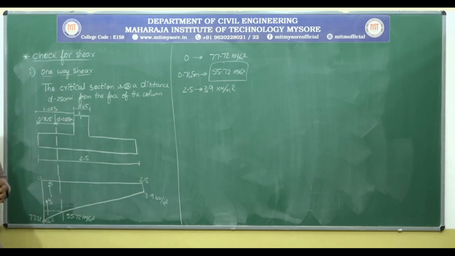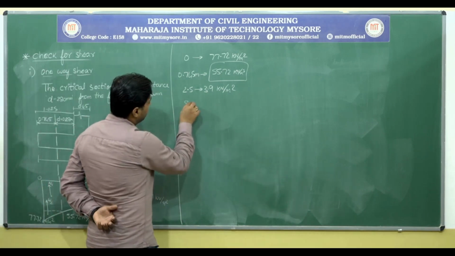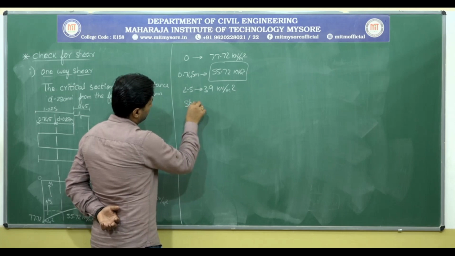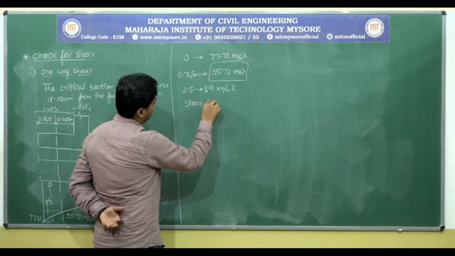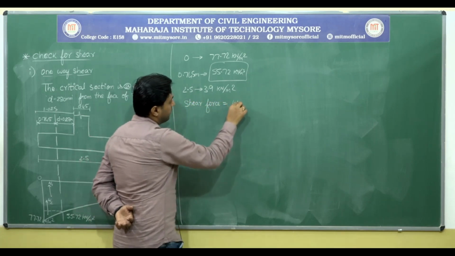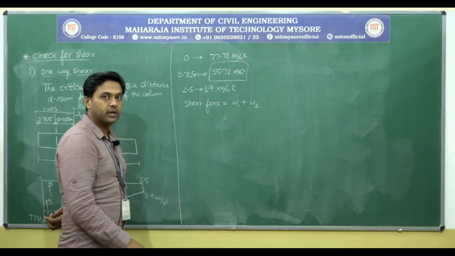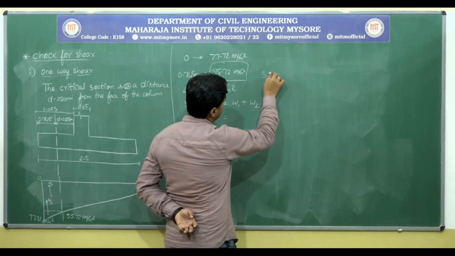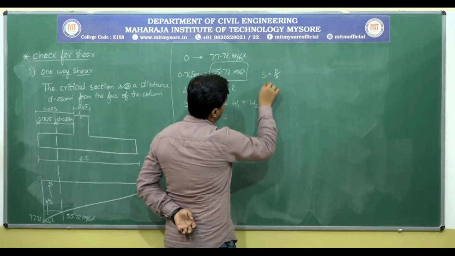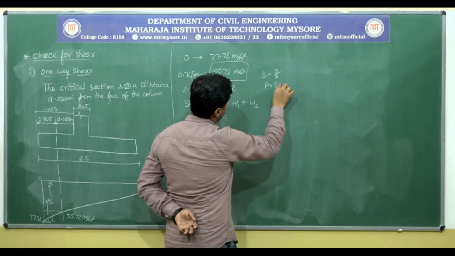Now I will be calculating the nominal shear stress. How to calculate that? There are two forces acting, so the total shear force is equal to W1 plus W2. How to calculate this? We have already discussed, stress is equal to load by area, so load is equal to stress into area.